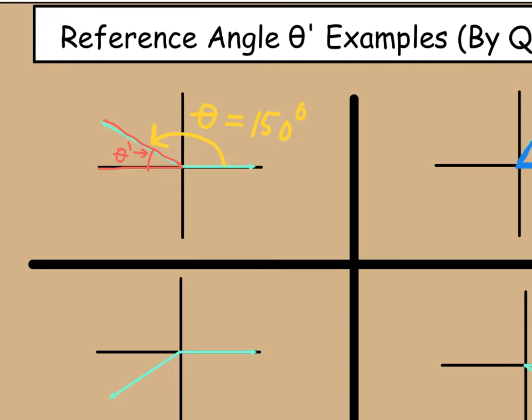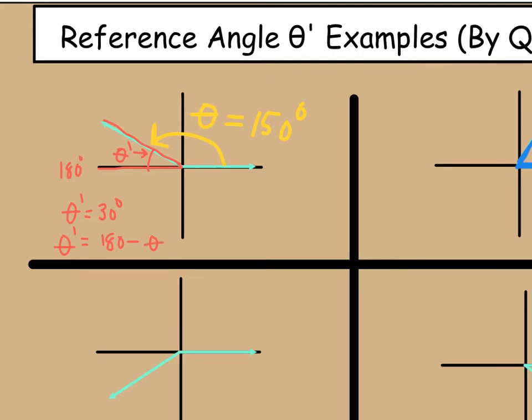How big is that angle? If we think about it again, all the way to the x-axis is 180 degrees. Our actual angle went 150. So in this quadrant, theta prime would be 30 degrees, because we are 30 degrees short of 180. So the rule is that in quadrant 2, the reference angle is always 180 minus the actual angle.